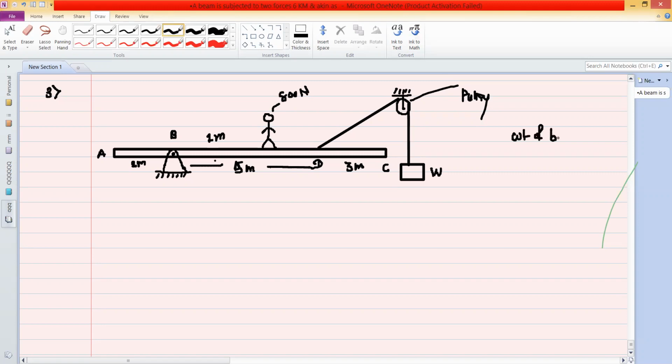That is the weight of the beam, the self weight. Weight of the man is 800 Newton.